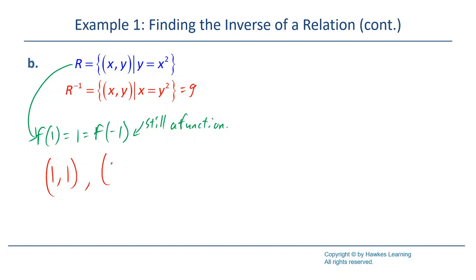But I can also have 1, -1, which is not okay. Because this is, to go back to, this is probably notation you haven't seen in a while, but here's 1, and here's -1.